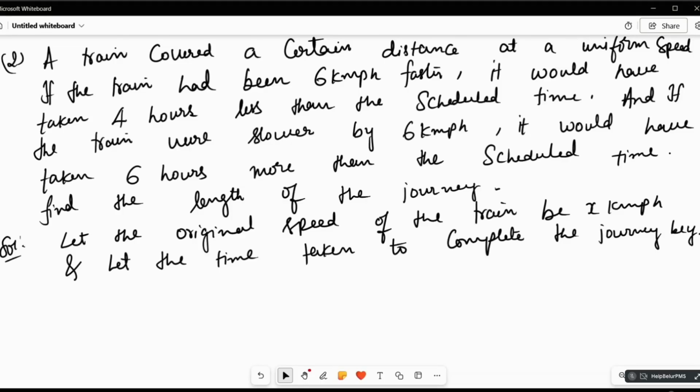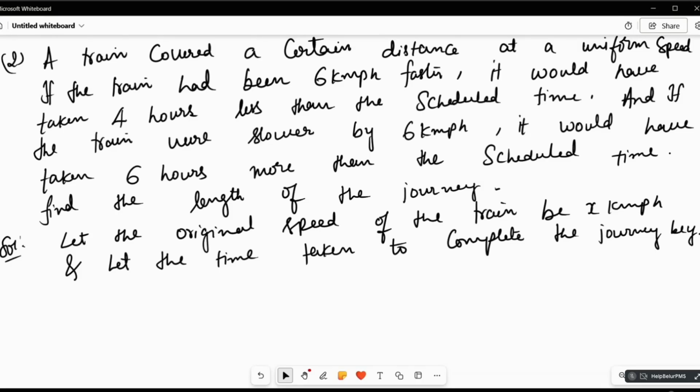Here we don't know the speed, we have taken x, so x plus 6. Then if it goes faster, the time taken will reduce. So it would have taken 4 hours less, so the time will become y minus 4.